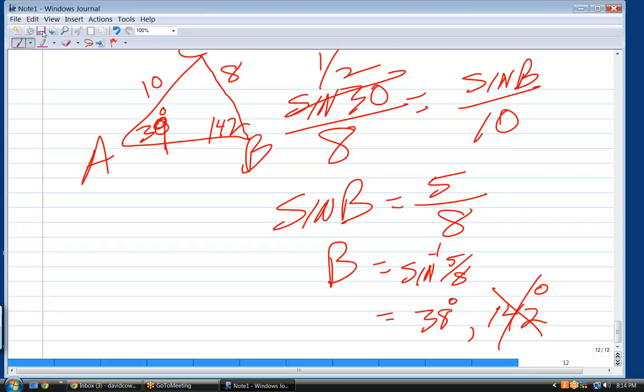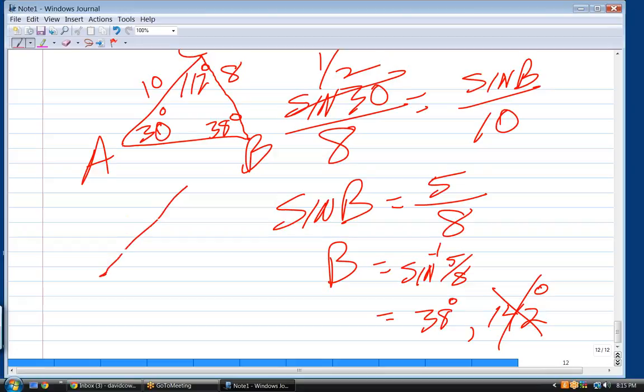But as long as the only known existing angle we have is that 30-degree angle, then that means there are 2 possible solutions. One is 38 degrees here, which leaves 112 here.